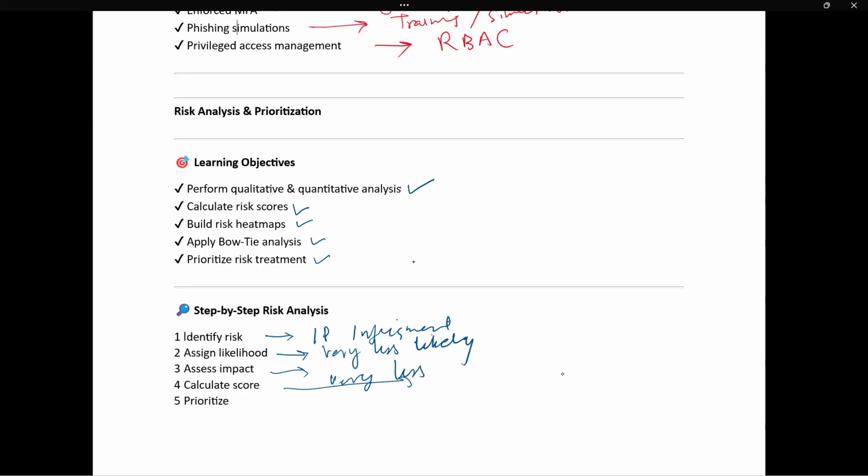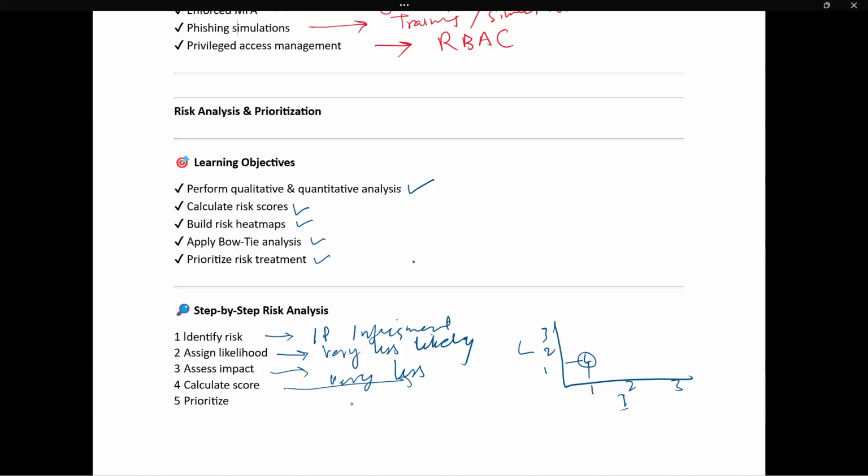Calculate the score. If you calculate the score, maybe this is your heat map. This is your likelihood, this is your impact, and here 1, 2, 3, 1, 2, 3. It will come like this, very low, because likelihood is low and impact is also low.